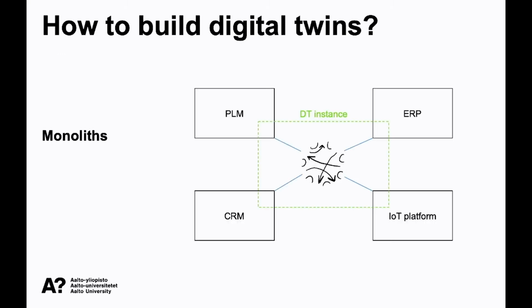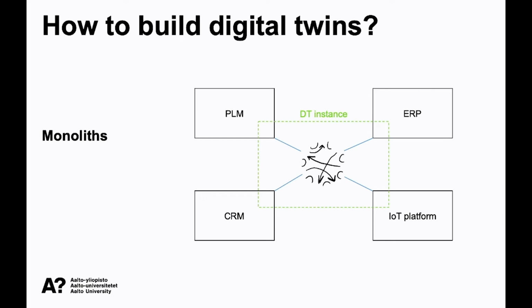Then further, how to build digital twins right now. Currently we have these monolith programs: product lifecycle management, ERP, CRM, IoT platform. They are old programs, but they have APIs.